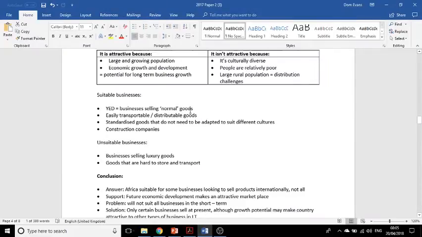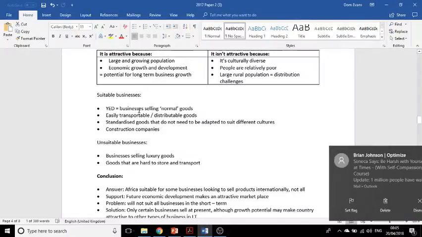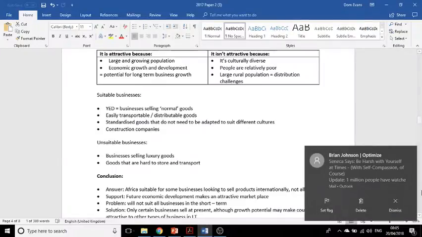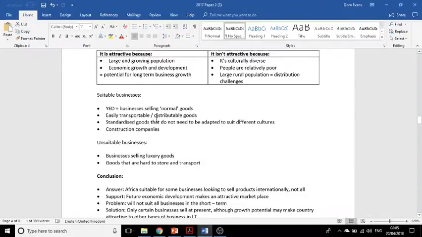Therefore, if I'm selling a normal product in this country, the demand for that product is likely to go up. We know that there's a large rural population, which will make distribution difficult. Therefore, if I've got an easily transportable and distributable good, it's going to be much easier to get that around than maybe something like ice cream.